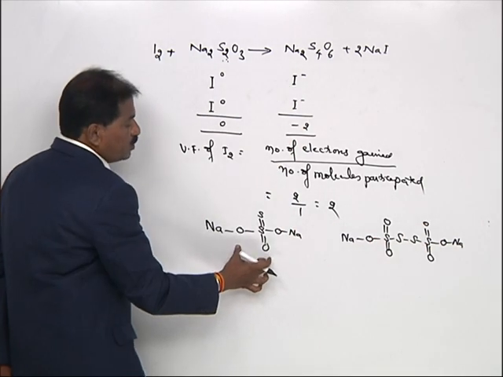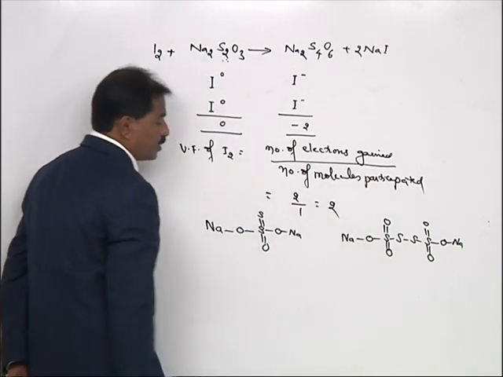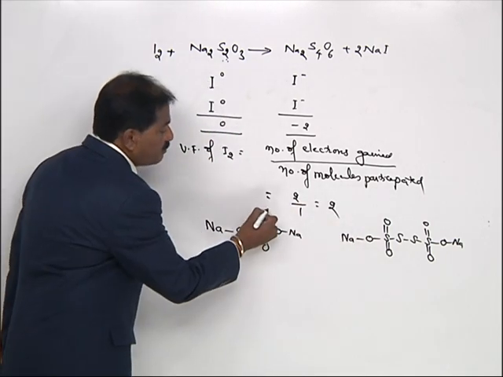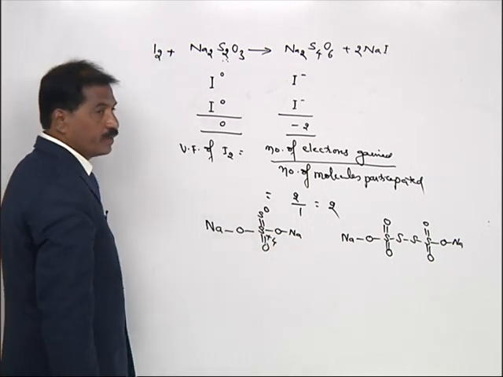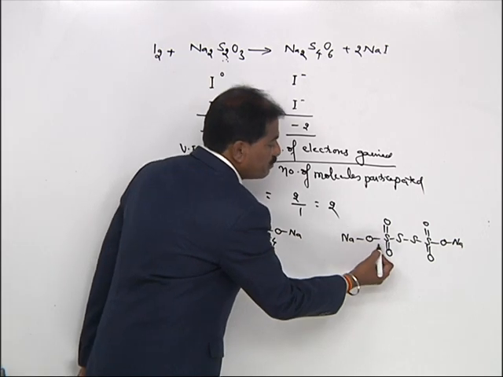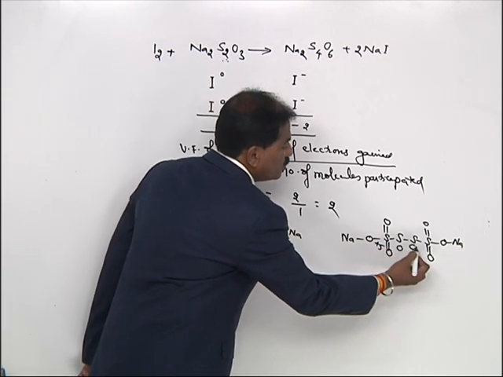This is sodium thiosulfate, this is sodium tetrathionate. Here the oxidation state of the sulfur is 0, here the oxidation state of the sulfur is +4. Here the oxidation state of this sulfur is +5, 0, 0, +5.